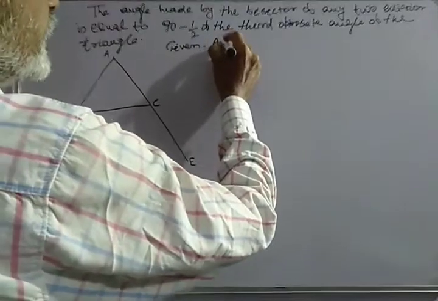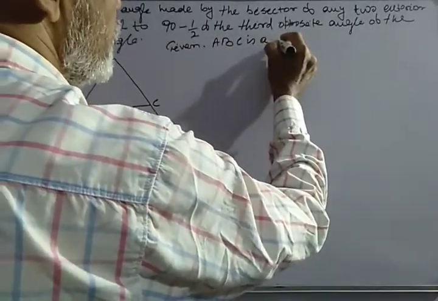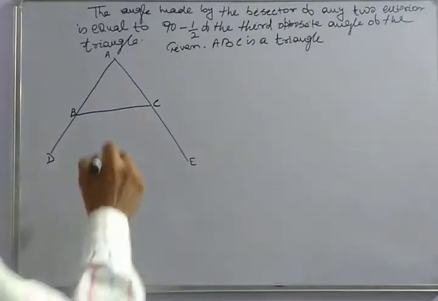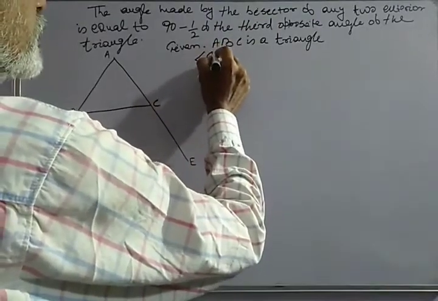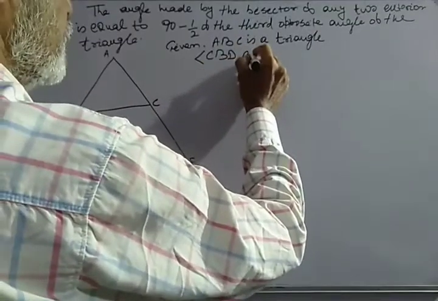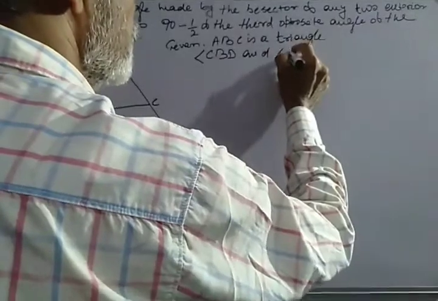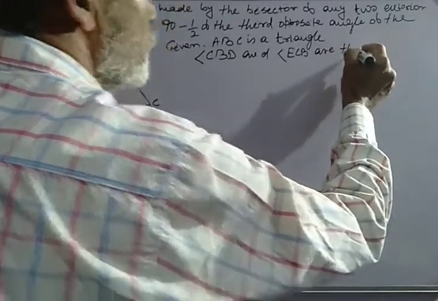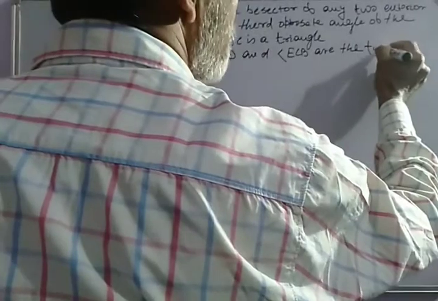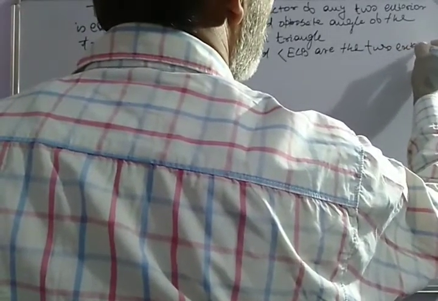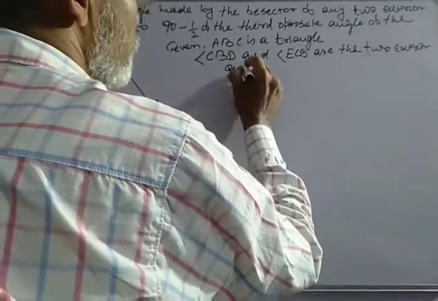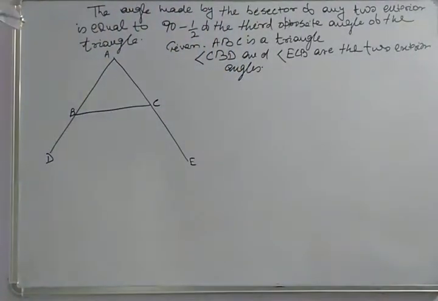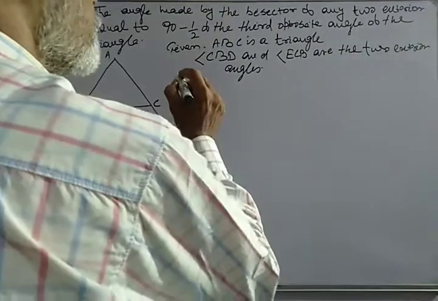ABC is a triangle, and angle CBD and angle ECB are the two exterior angles.